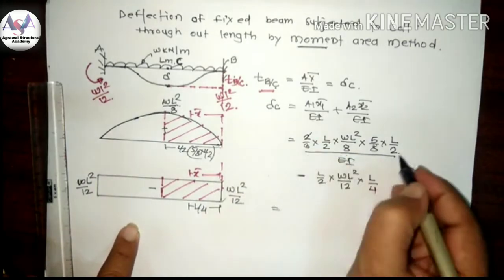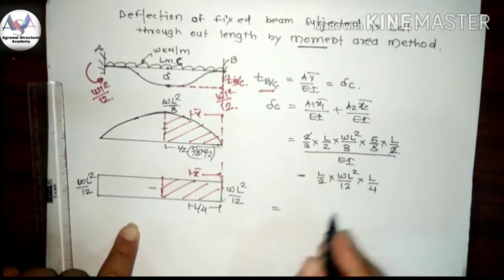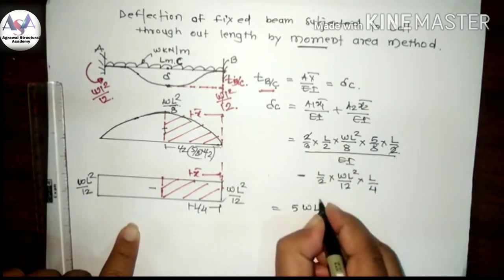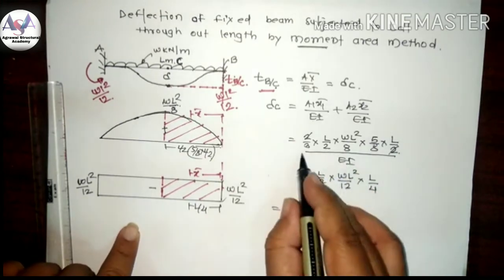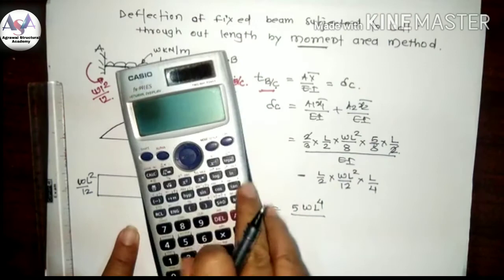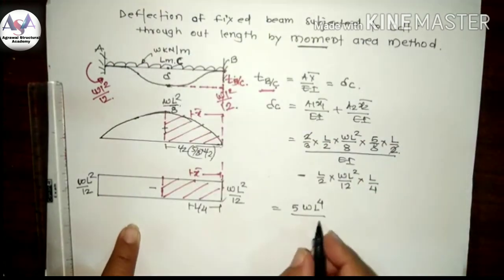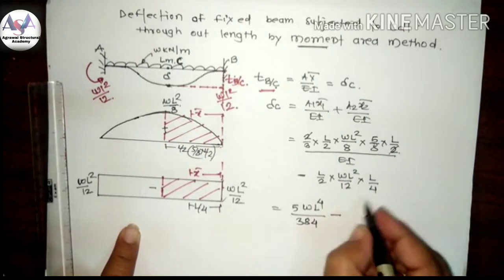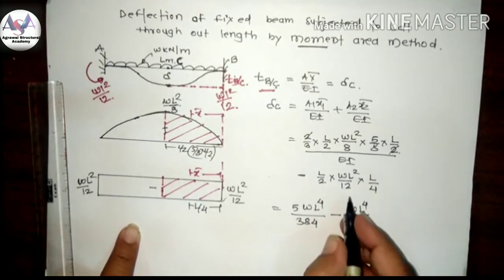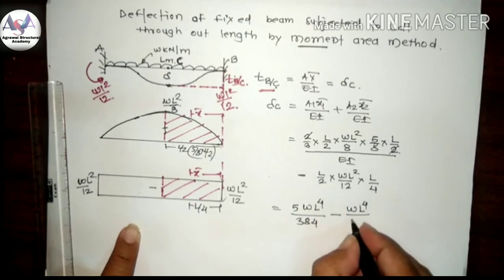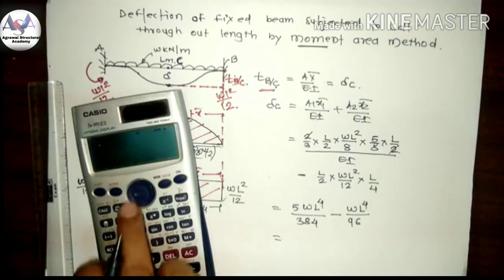Now the 2 and 2 get cancelled out, so this becomes 5 WL raised to power 4 over 3 into 2 into 8 into 8, which is 384, minus WL square L raised to power 4 divided by 48 into 96, which on solving gives 5 by 384 minus 1 by 96.